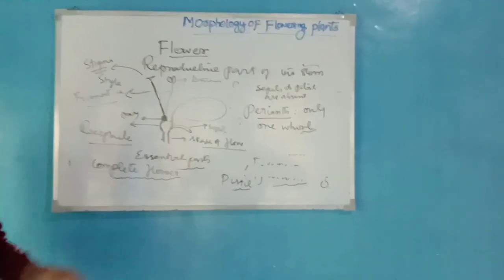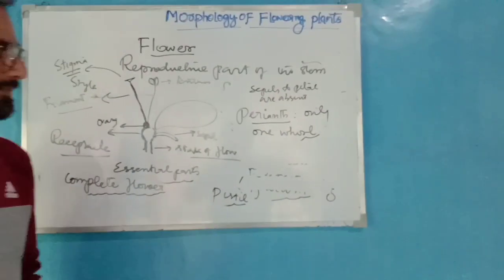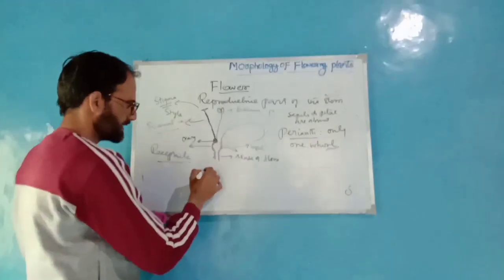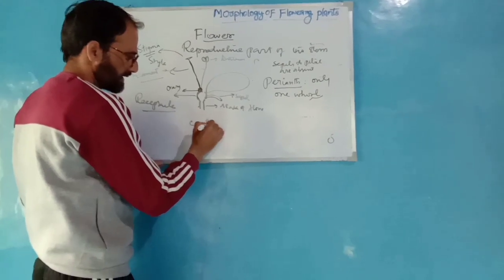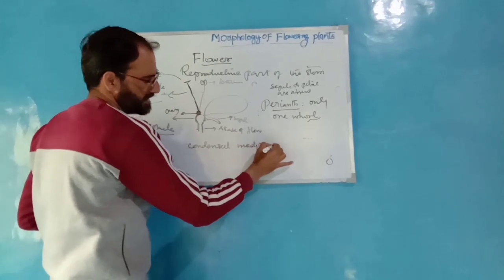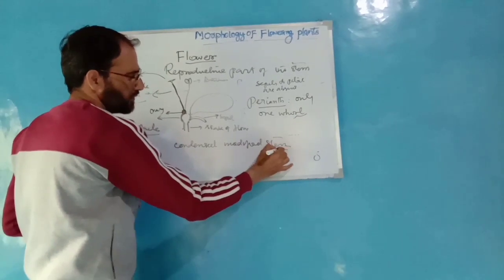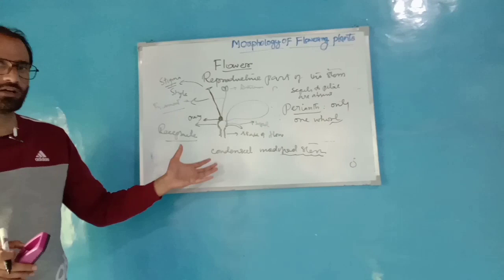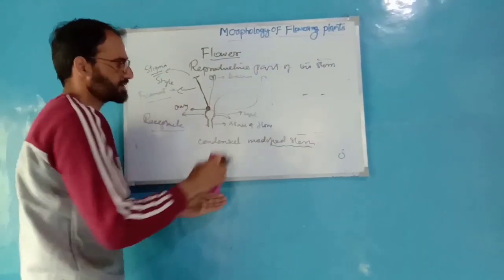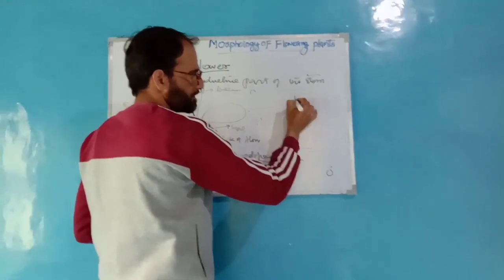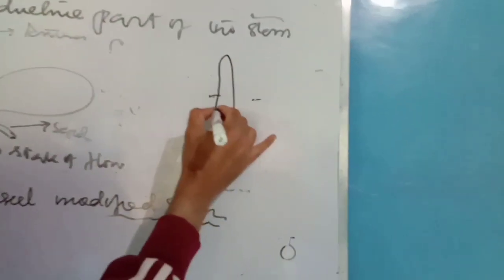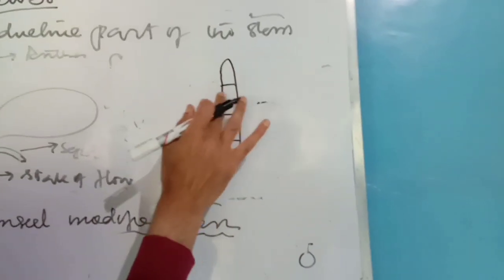Actually, it helps in the reproduction of the plant. It arises from a stem. It is a condensed modified stem. So how is this? If I draw the diagram of the stem like this, these are actually nodes.